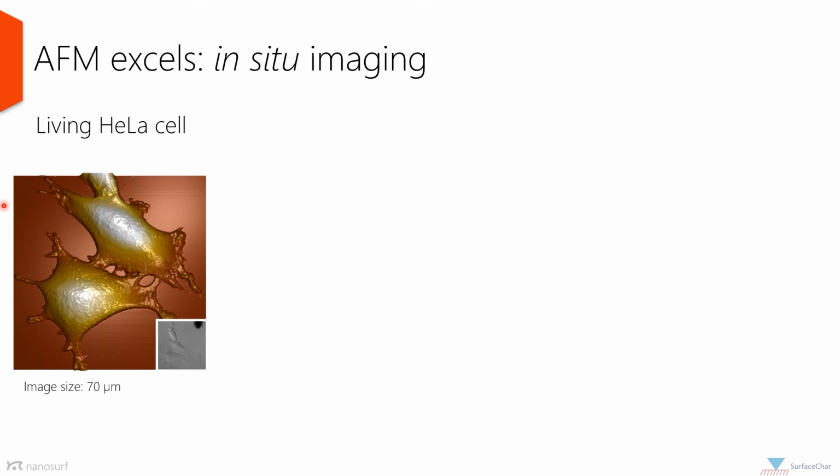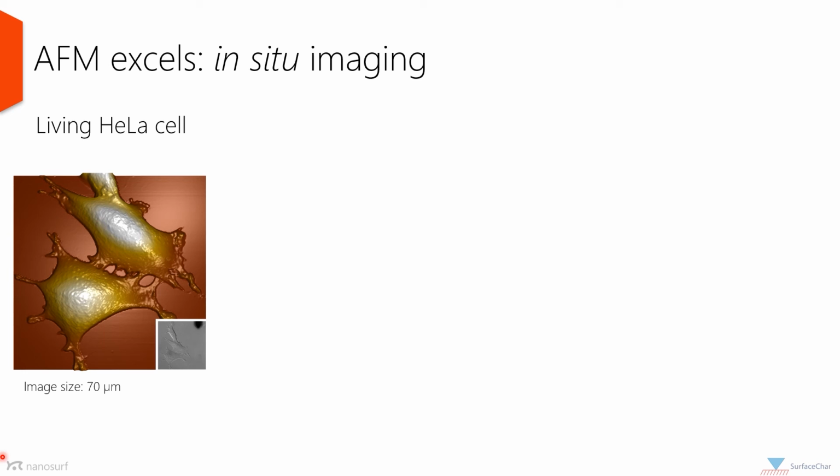So what we see here are the cells that I've shown before. They were acquired in cell culture media, it's live HeLa cells, and we can combine it with optical imaging, and we see down here these 2 cells that we see also here in the AFM image.